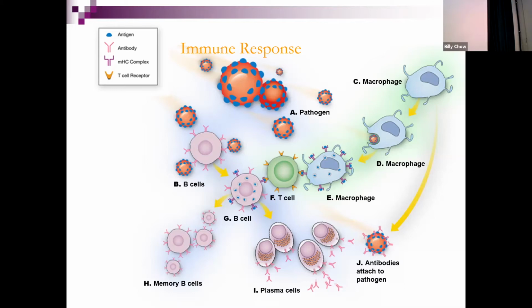So you have a virus like COVID-19, or you have a pathogen like bacteria that gets into your body. And these are considered foreign, and then your body will try to protect you from these foreign molecules by producing antibodies against it.